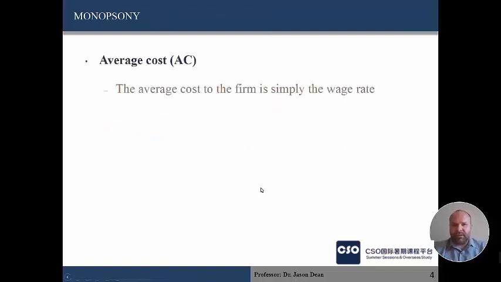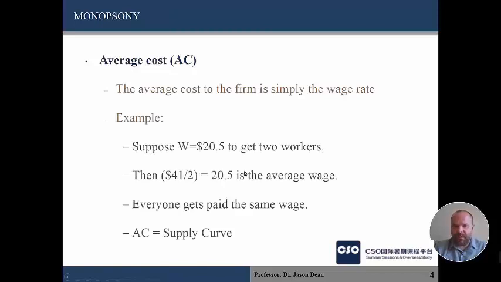So the average cost of a monopsonist is the average cost to the firm. It's going to simply be the wage. Okay, for example, suppose the wage would have to be $20.50 to attract two workers.